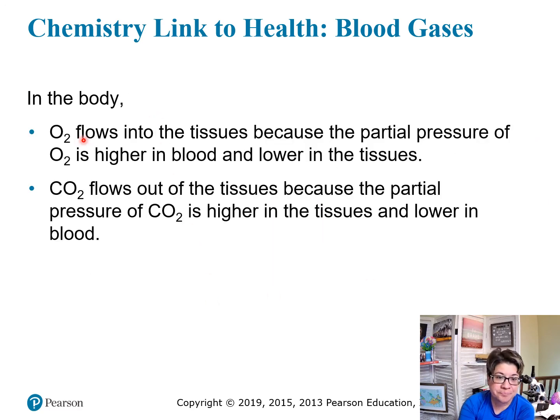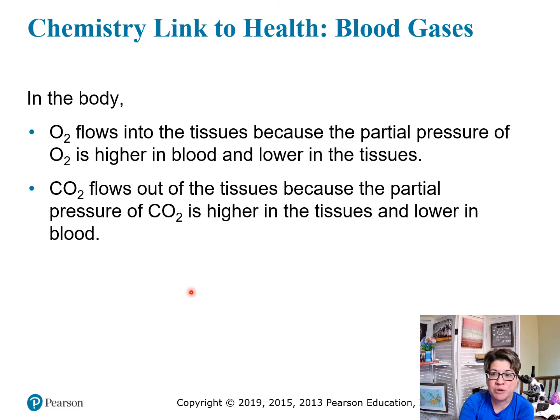So in your body, oxygen flows into tissues because the partial pressure of oxygen is higher in the blood and lower in the tissue. So it's going to push it in that direction. And then likewise, the CO2 is going to flow out of your tissues and into your blood because it's also going higher to lower.